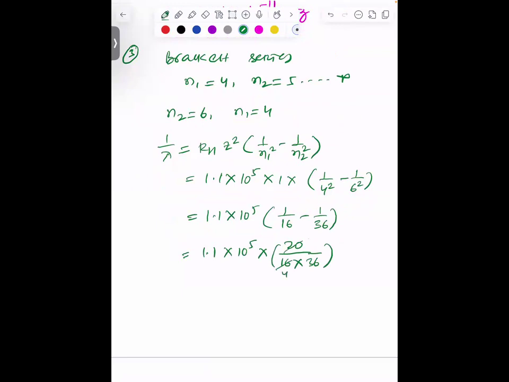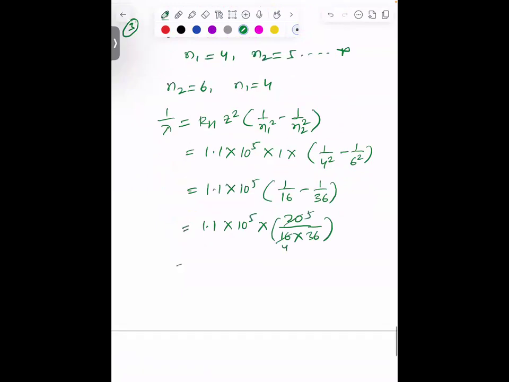So this is 5 by 36, so 1.1 into 5 divided by 4 into 36, 10 to the power 5. It is centimeter inverse. So now 5.5 divided by 4 divided by 36.